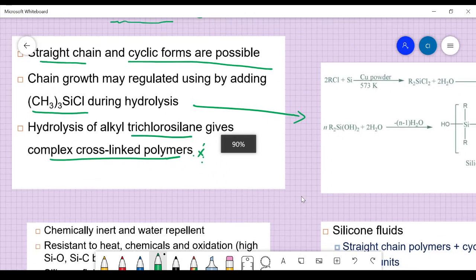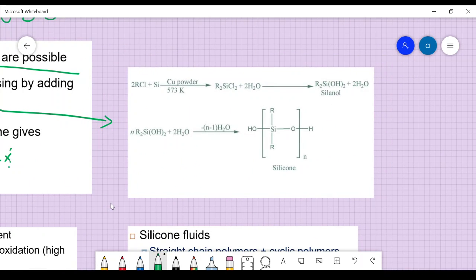And you can see that here you have got 2RCl. So let us just take R equal to CH3: 2CH3Cl plus Si will give you (CH3)2SiCl2. You carry out this reaction at 573 Kelvin in the presence of copper catalyst as a powder, which enhances the reaction.